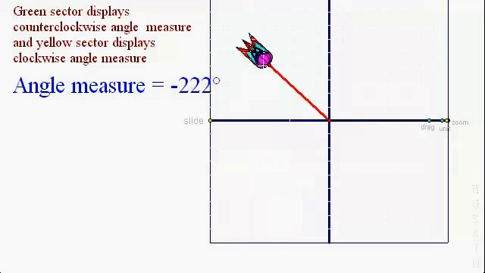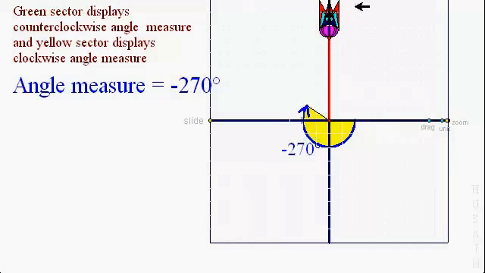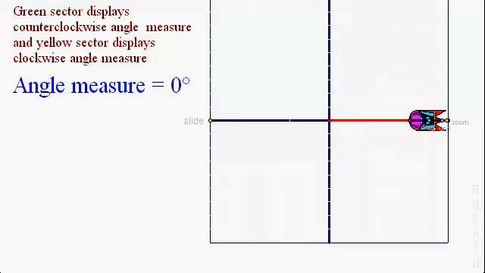If we try to make negative 270 degrees, see that it moves in the clockwise direction. The angle measure is negative 270, but if I want to find the positive angle, obviously it is going to be 90 degrees.